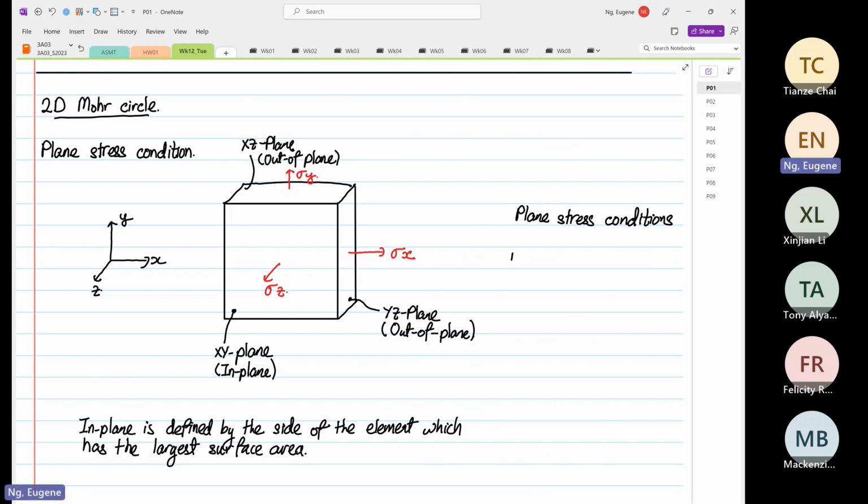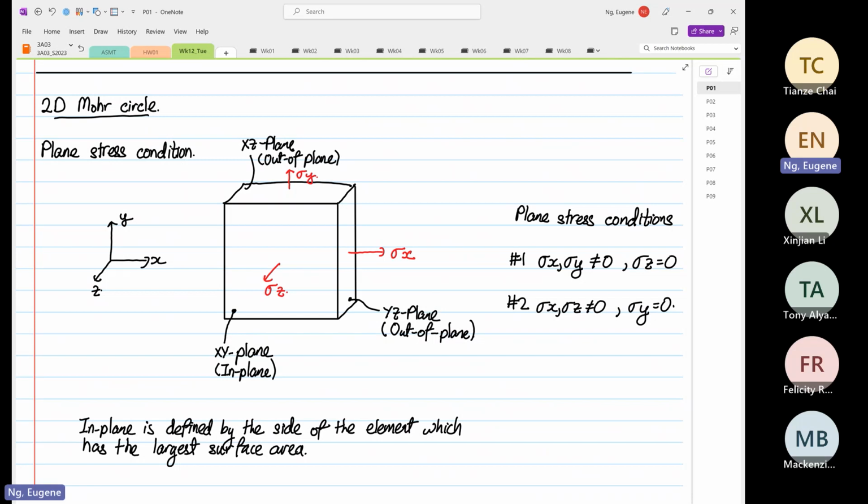condition number one, plane stress is when stress X and stress Y are not equal to 0, however stress Z is equal to 0. When this is the case, we call it plane stress condition. Condition number two, there can be plane stress where stress X and stress Z are not equal to 0, where stress Y is equal to 0.